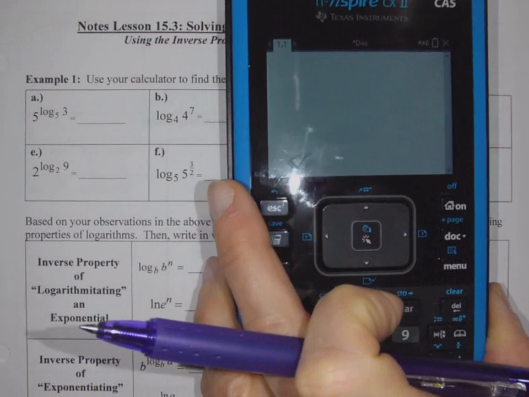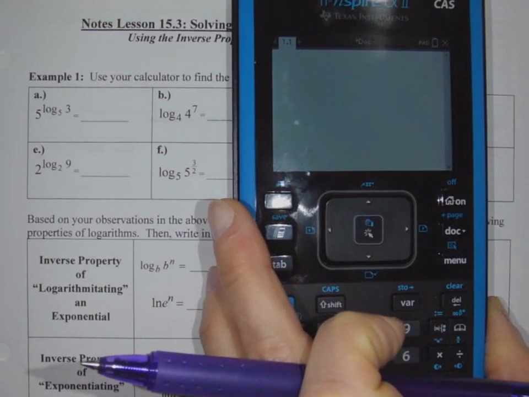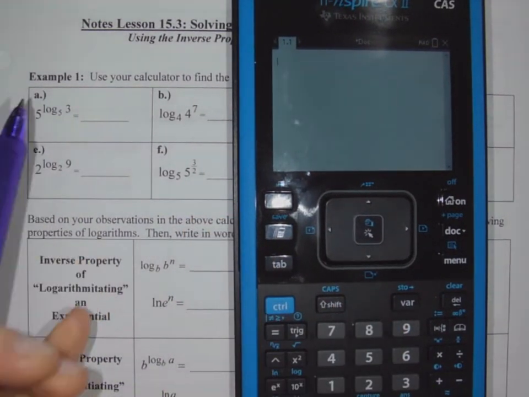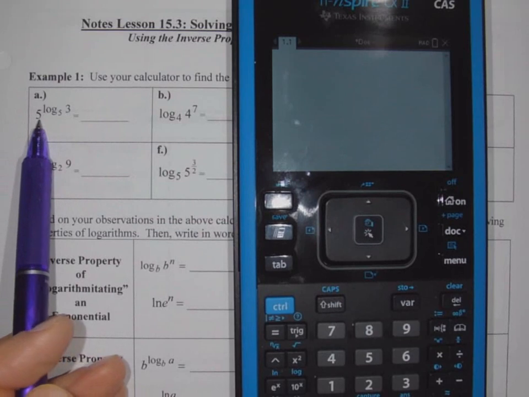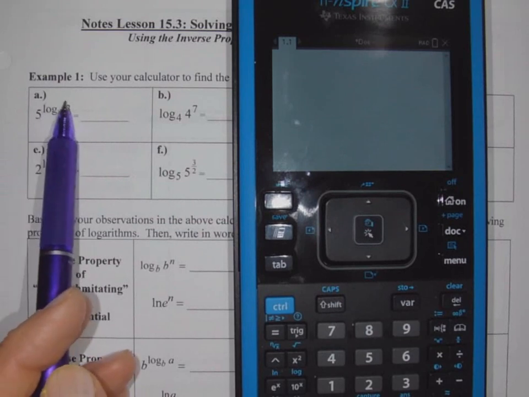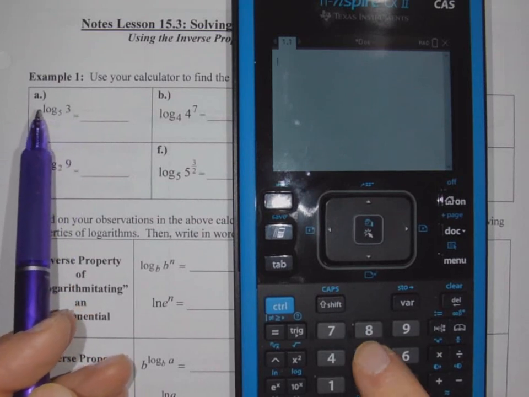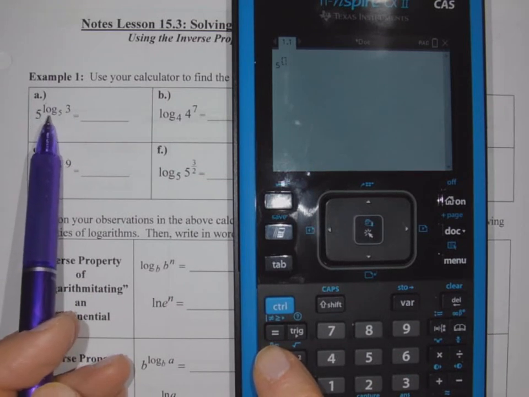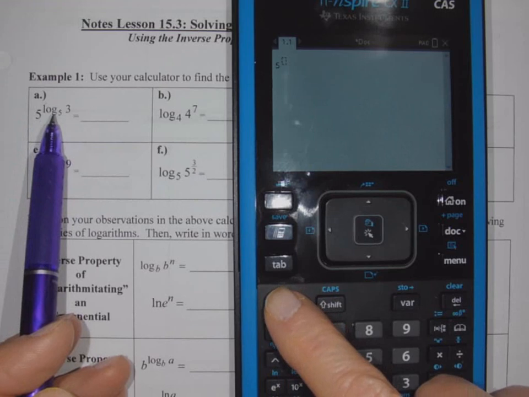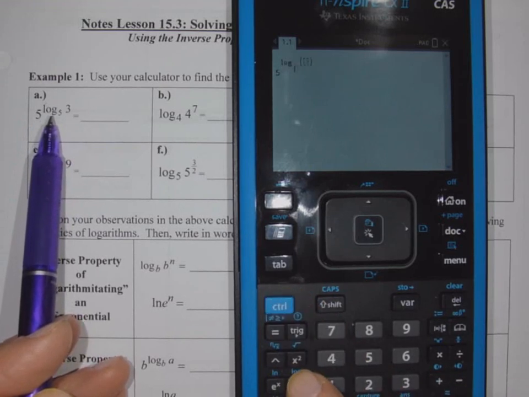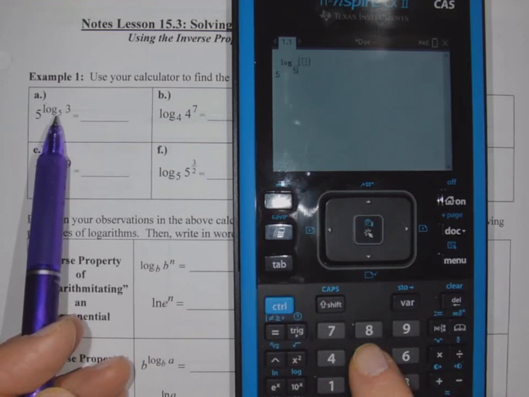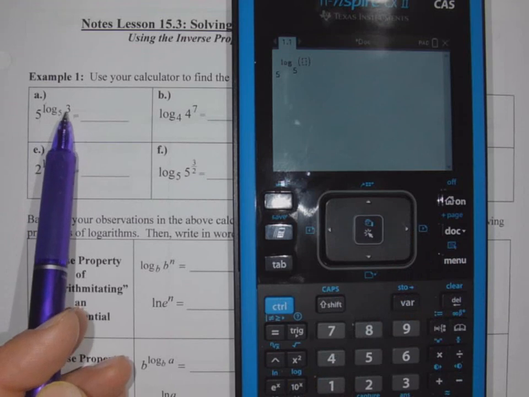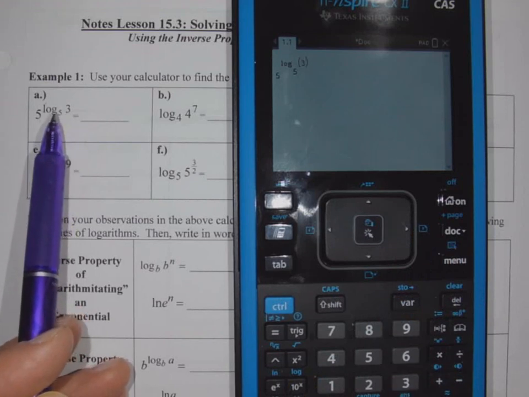I have my calculator here, and I hope you can see that screen. I'm going to type in 5, and this is an exponent, so 5 caret key for the exponent, and then log base 5, and inside the log my argument is a 3.